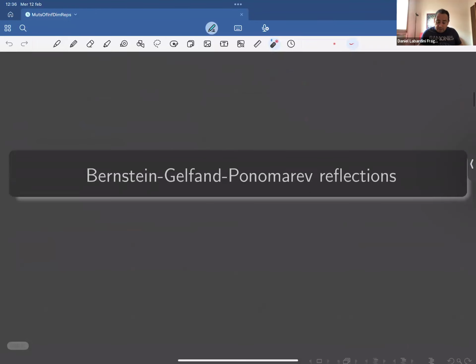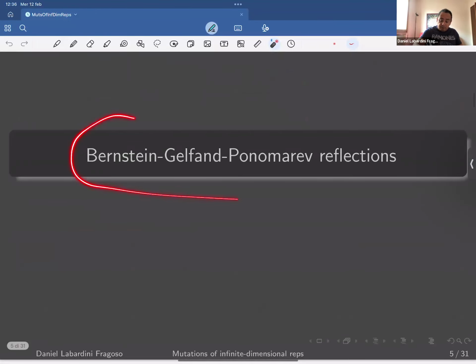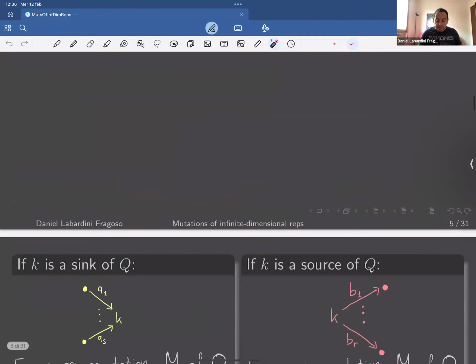The Bernstein-Gelfand-Ponomarev reflections we take as a guideline of what mutations for general vertices should look like.